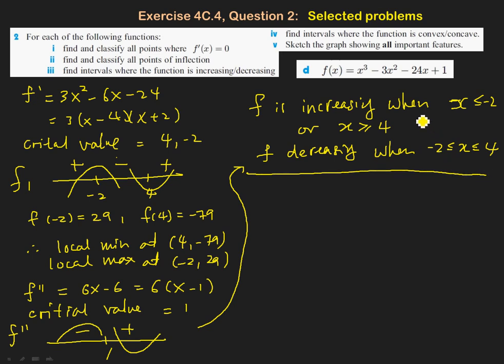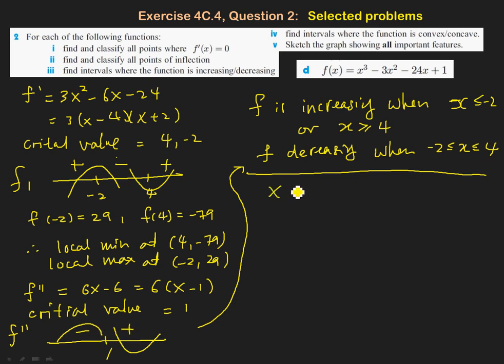So next part. Find the intervals where the function is convex and concave. Basically, this sign diagram for f double prime tells us where concave and convex occur. If it's negative, it's concave.